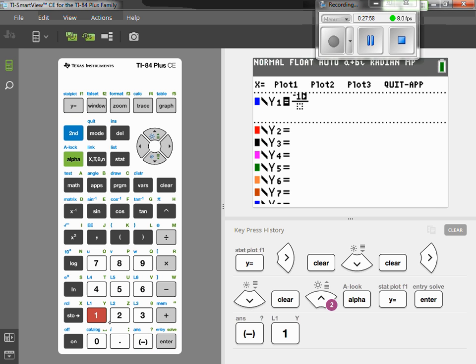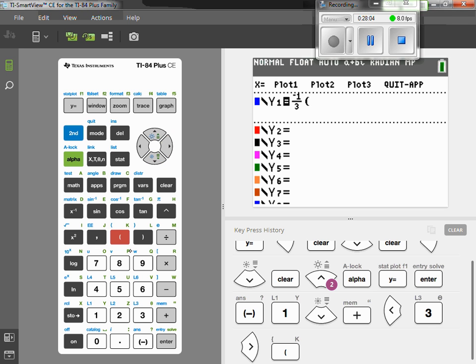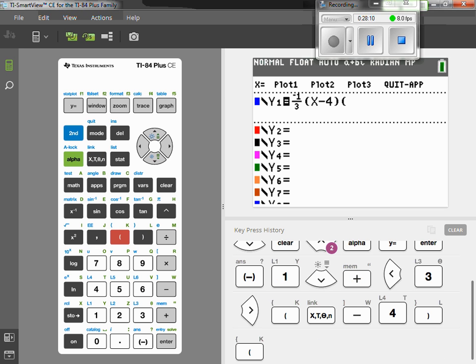We'll have -1 over 3, then parentheses, x minus 4, close parentheses, open parentheses, x plus 2. So type that function in.